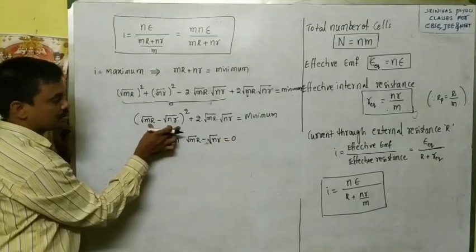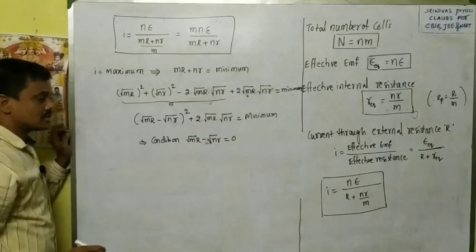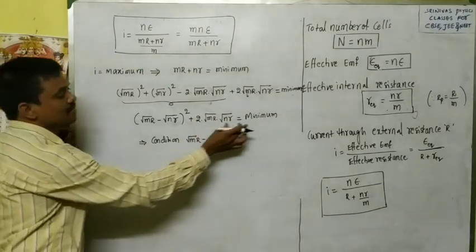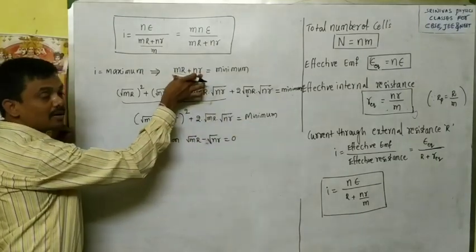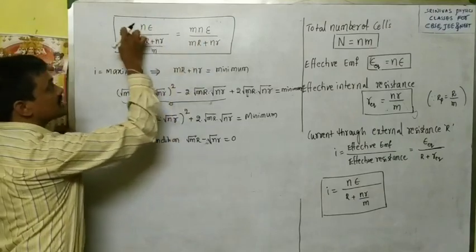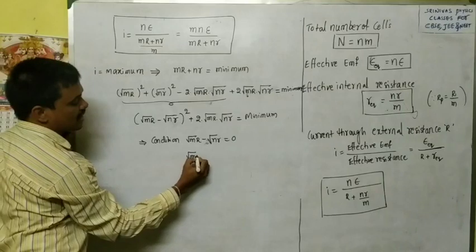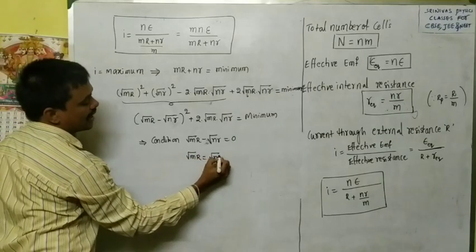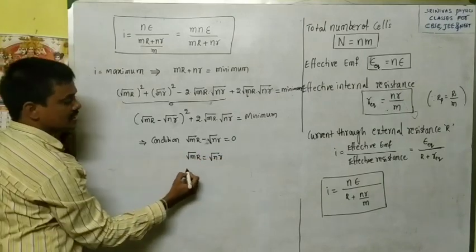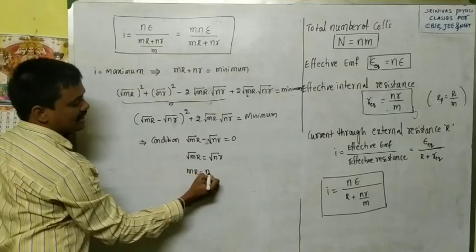This term should be 0, then this term will become minimum, and this term is minimum means this current will be maximum. Then we will get root MR is equal to root NR, squaring on both sides, MR is equal to NR.